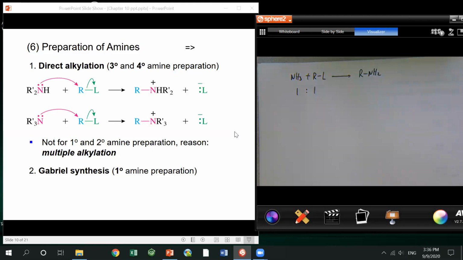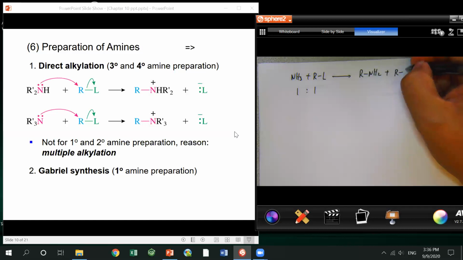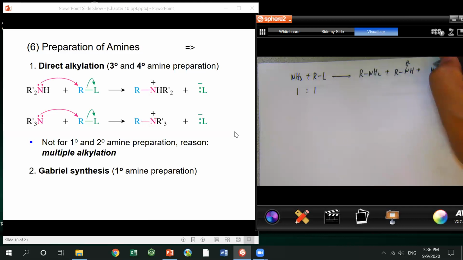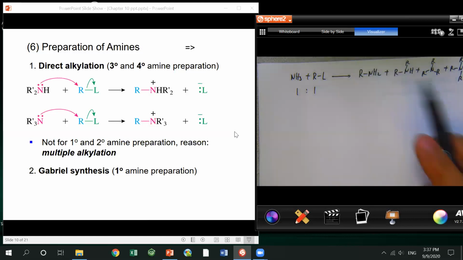But in reality, you get a mixture. Not only this primary amine, you get the secondary amine, and the tertiary amine, and even the quaternary amine. Even with a 1-to-1 ratio, you still get this mixture.